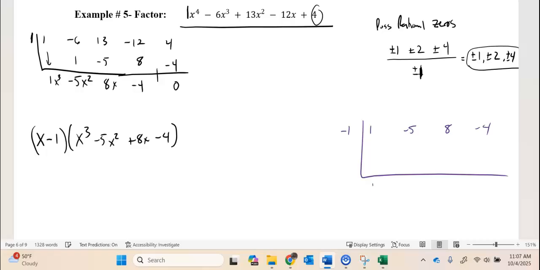Let's try it. 1, -1, add, -6. Multiply, 6, add, 14. This one's not going to work. I get a remainder. So no good, right? -1 is not a factor. So I've considered both of those. So now I've got to try again. All right, it's a lot of trial and error.